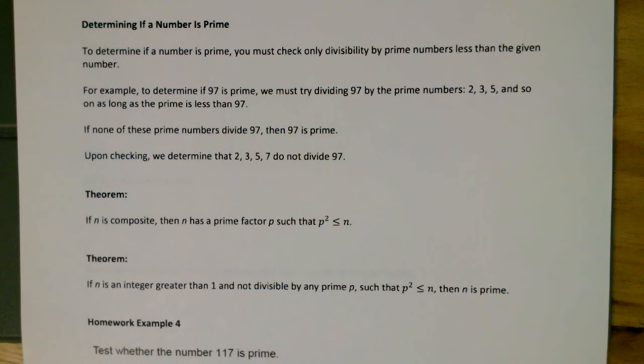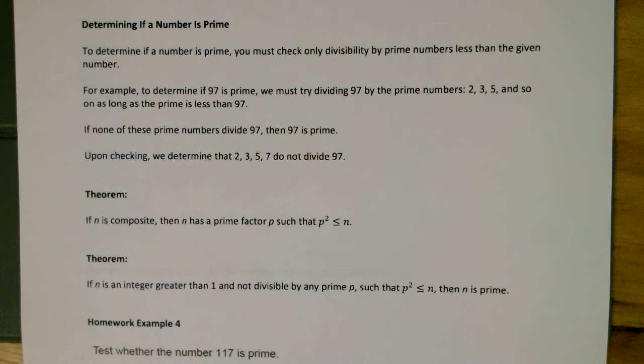All right, next we'll look at determining if a number is prime. To determine if a number is prime, you must check only divisibility by prime numbers less than the given number. For example, to determine if 97 is prime, you must try dividing 97 by the prime numbers 2, 3, 5, and so on, as long as the prime is less than 97.